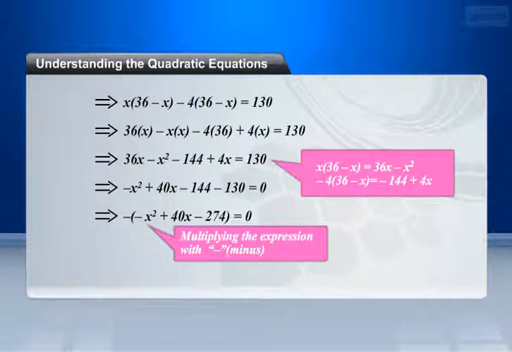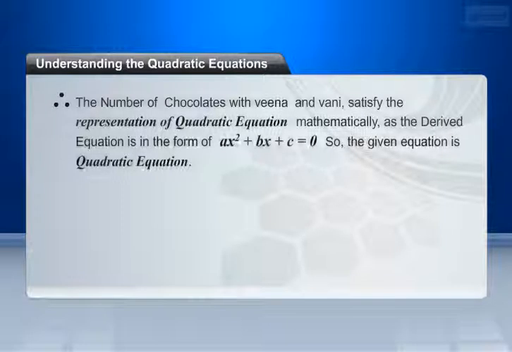This implies that minus x square plus 40x minus 274 equals 0, and multiplying the expression with minus, x square minus 40x plus 274 equals 0. Therefore, the number of chocolates with Veena and Vani satisfy the representation of a quadratic equation mathematically, as the derived equation is in the form of ax square plus bx plus c equals 0. Let's check few more examples.